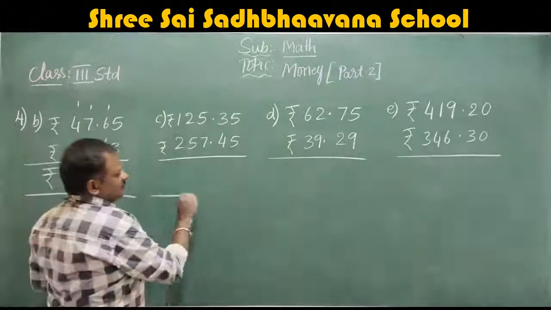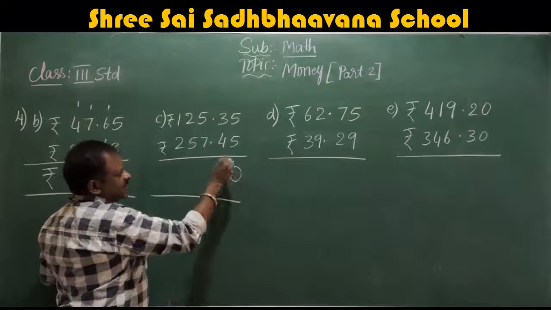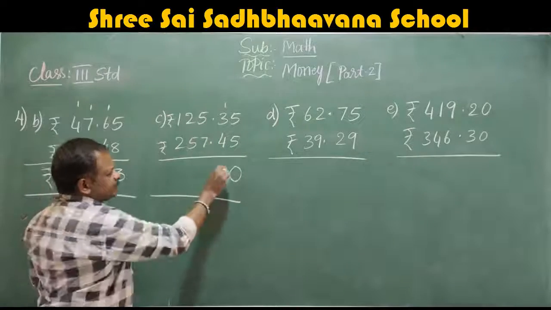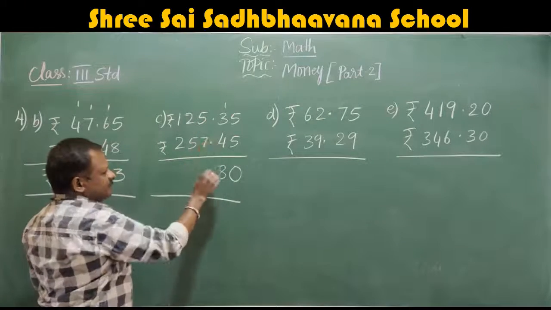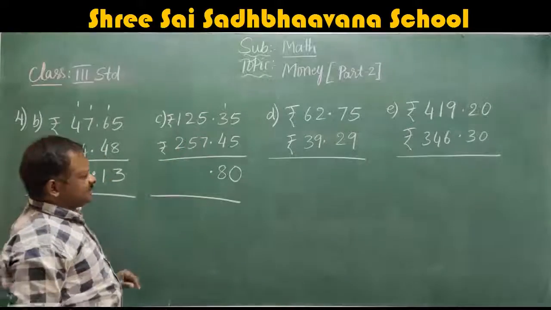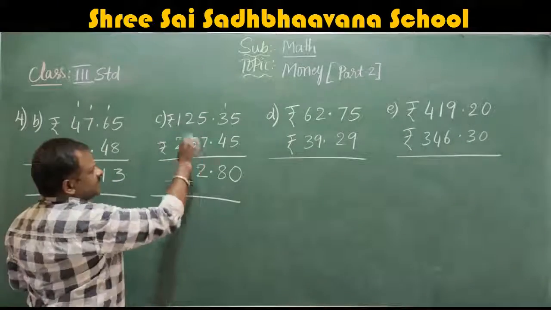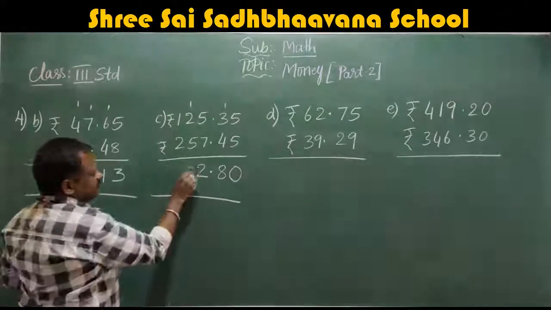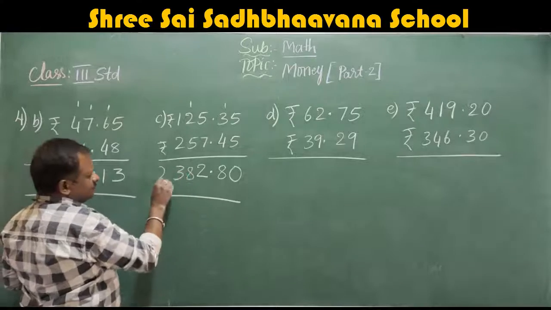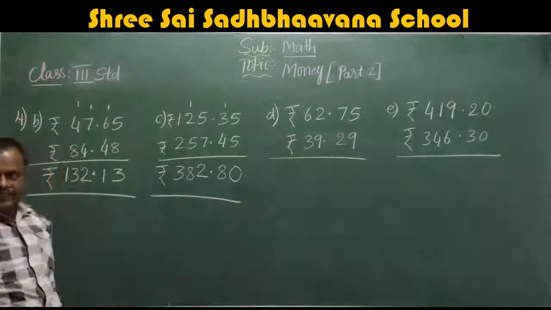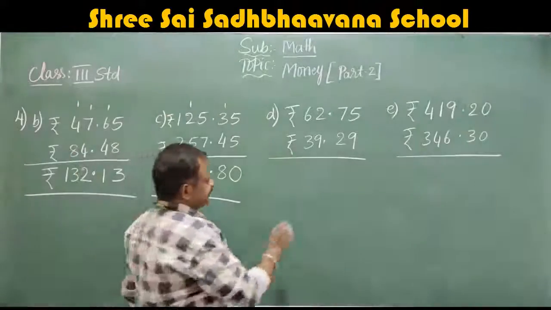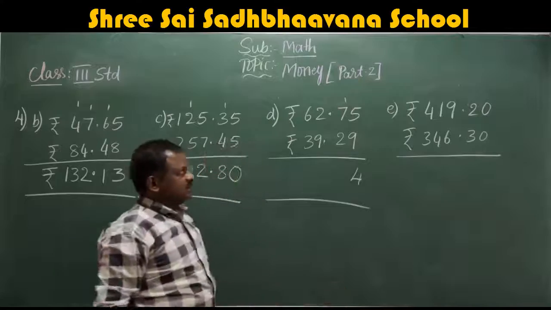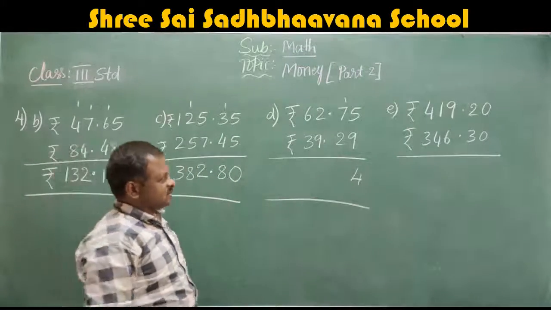Come to here: 5 plus 5, 10, 0, carry 1, 4 plus 3, 7 plus 1, 8, write 8 as it is, decimal point as it is, 7 plus 5, 12, write 2 here, take carry 1, 5 plus 2, 7, 7 plus 1, 8, 2 plus 1, 3. Rupees 382.80.